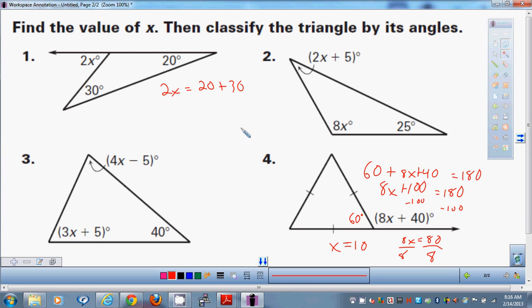There is a formula that we learned in section 4.1. The exterior angle is equal to the sum of the other two interior angles. So 2x equals 20 plus 30. So 2x equals 50. And what does x equal? 25. Very good.